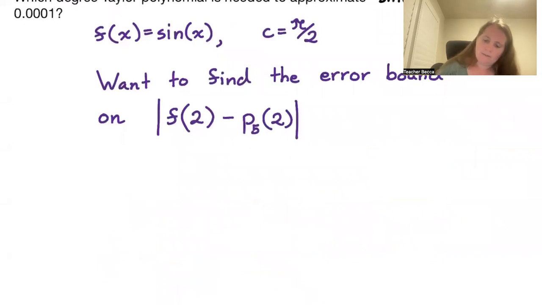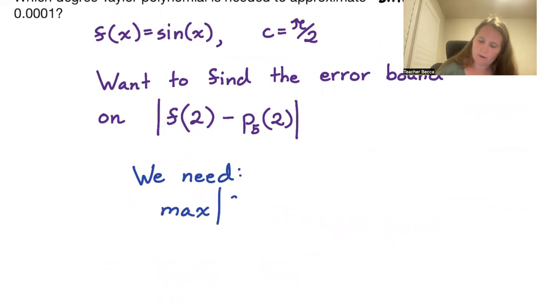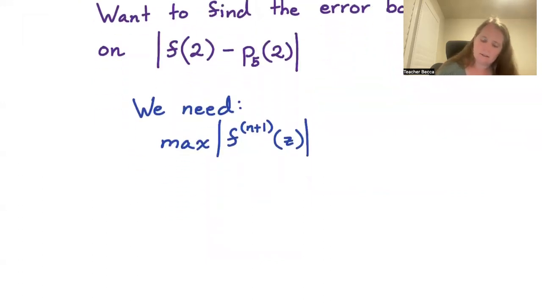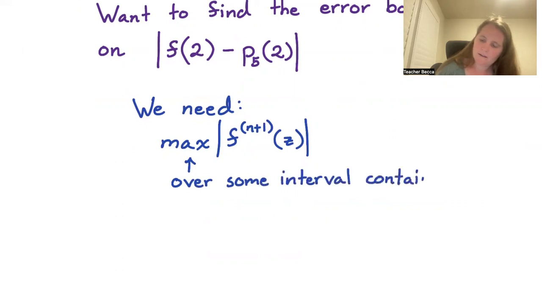So what do we need? We need the max of the absolute value of the n plus first derivative of f of z, and this is over some interval containing both pi over 2 and 2.